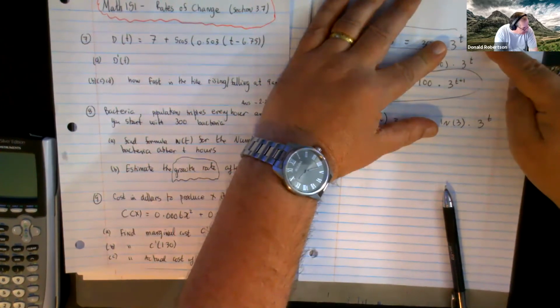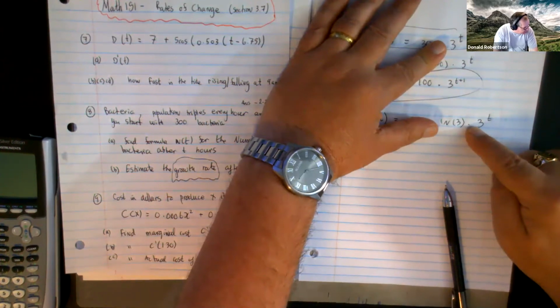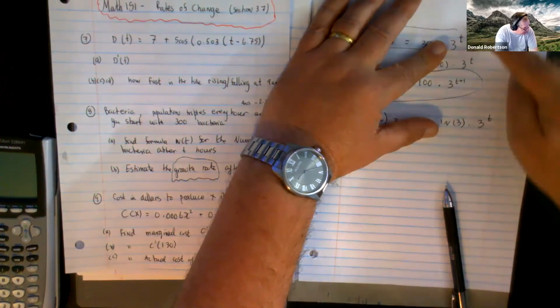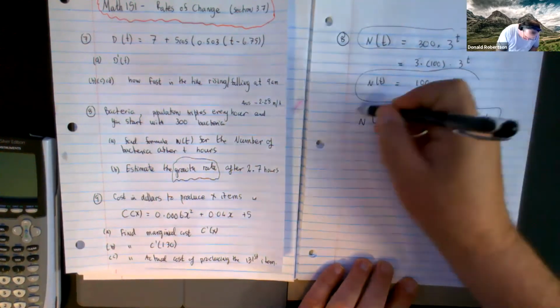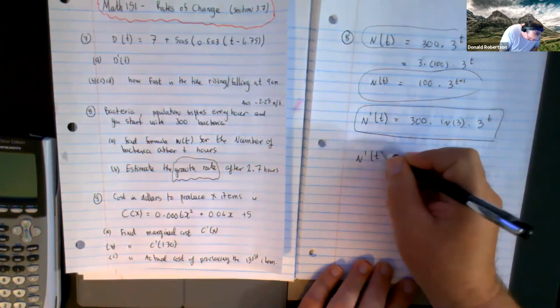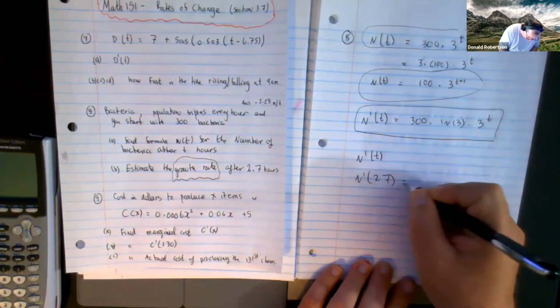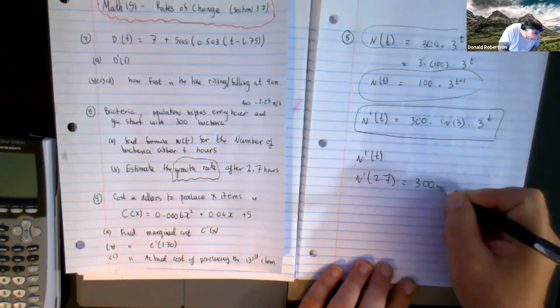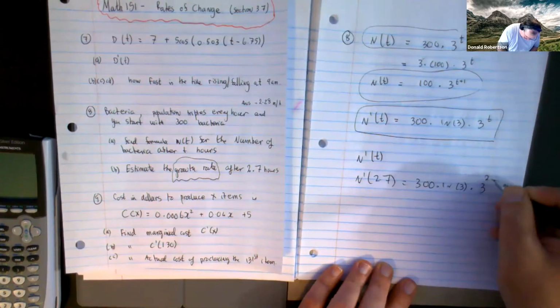Derivative of 3 to the power of t is 3 to the power of t, and you tag on a log 3. Remember what we did at the start of today, right? Derivative of that guy is that. There's your answer to the rate of change. You want the rate of change at 2.7 hours. Then just find out what 300 times the natural log of 3 times 3 to the power of 2.7 is.